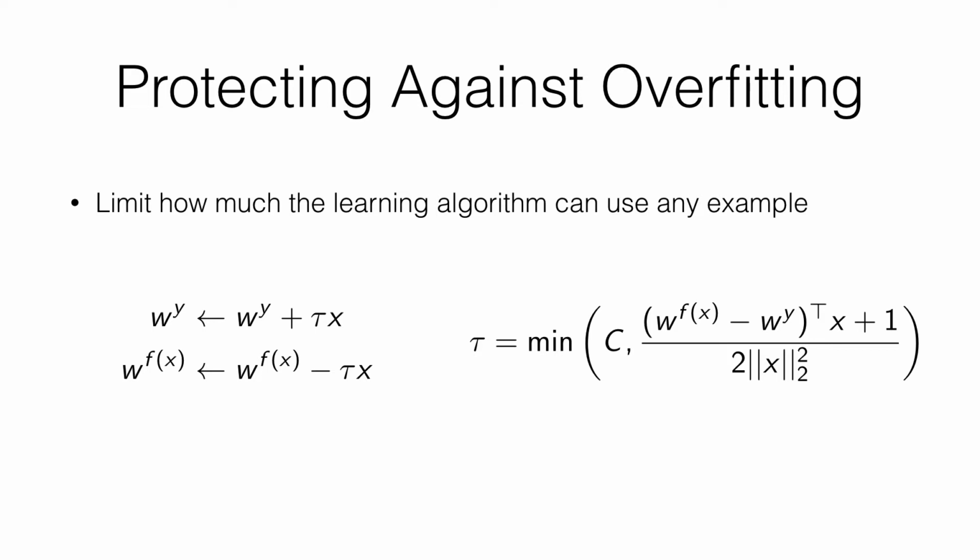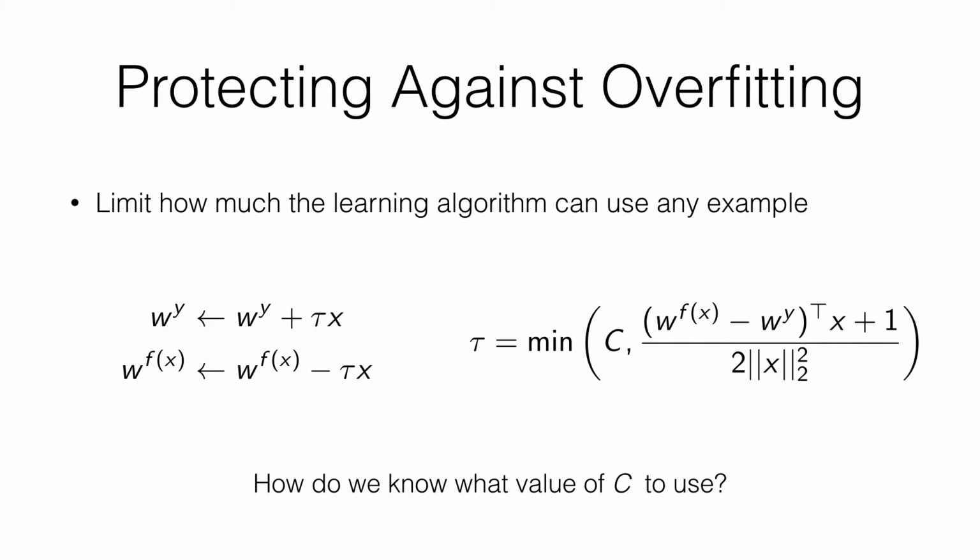We're going to say let's not let it grow bigger than, say, C, which could be set to 1. That means for any example, even if you really misclassify it, you're not going to move too far from where you previously were, and that essentially protects against overfitting. But this gives you an extra parameter. So how do we know what value of C to use?